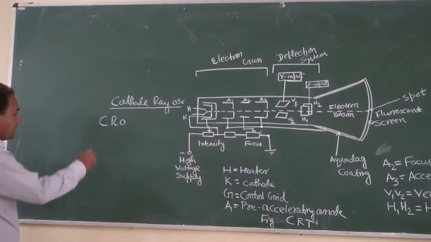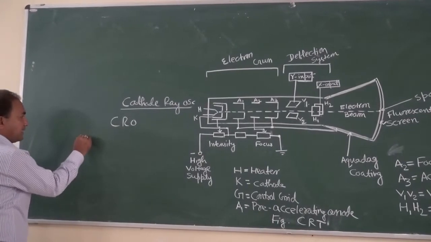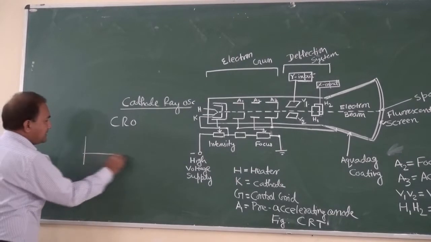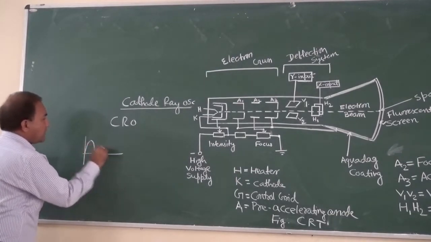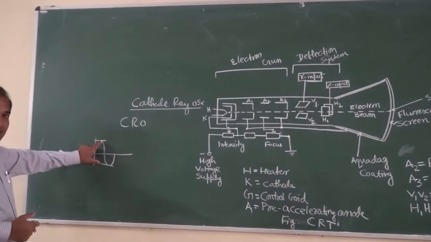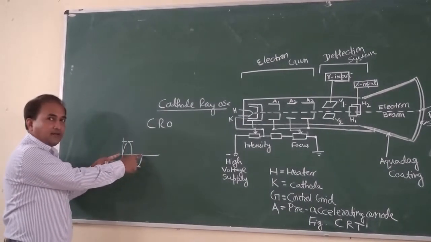This is a very important instrument in electronics. We can measure the peak to peak amplitude of any signal by using CRO. Similarly, we can measure the time period of the signal.